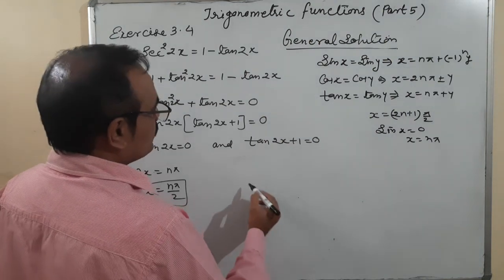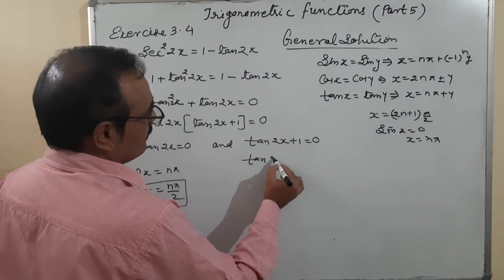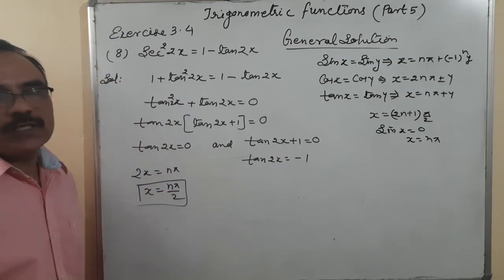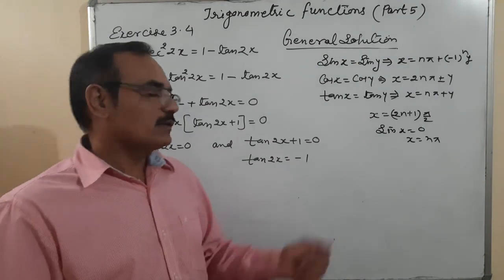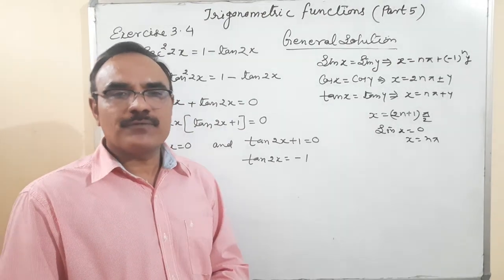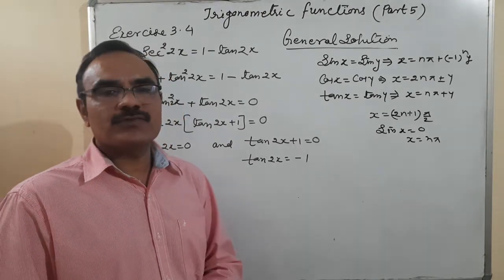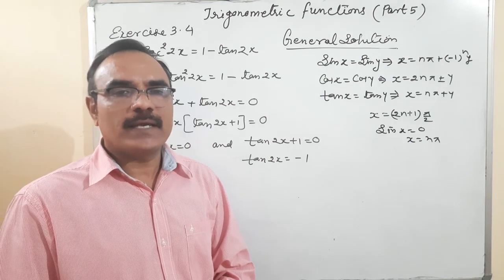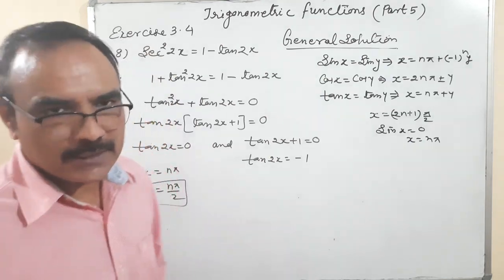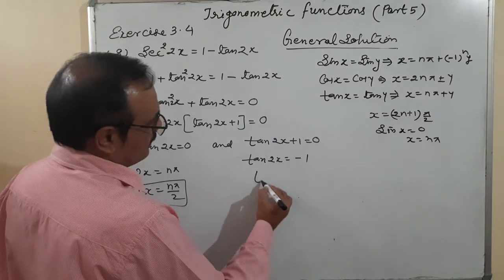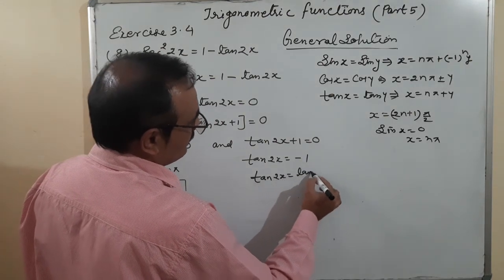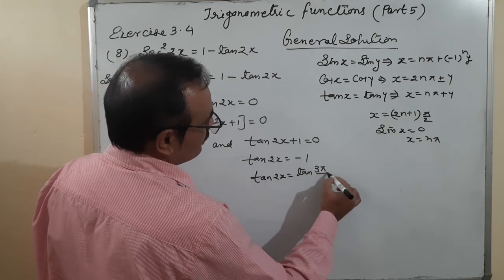Second, tan 2x is equal to minus 1. The value of 1 in tan is tan 45, pi by 4. And because it is minus 1, we go to the second quadrant, where it is pi minus pi by 4, so write here 3 pi by 4. Tan 2x is equal to tan 3 pi by 4.